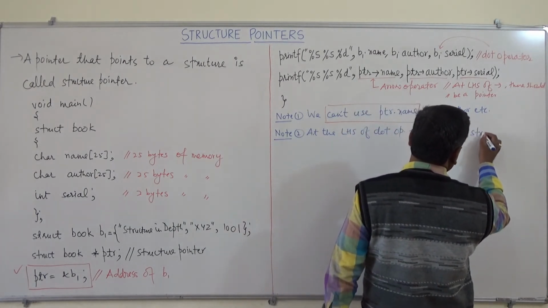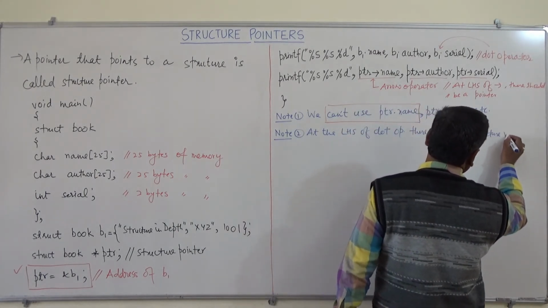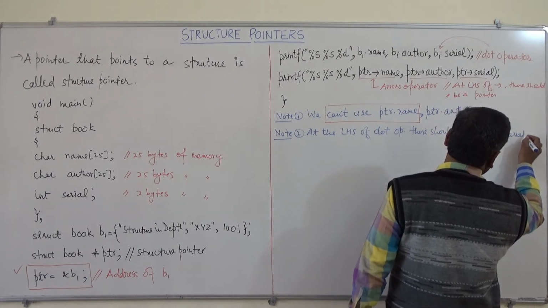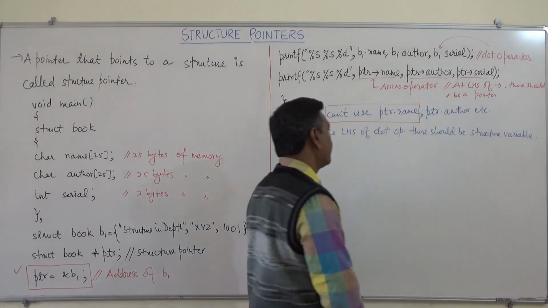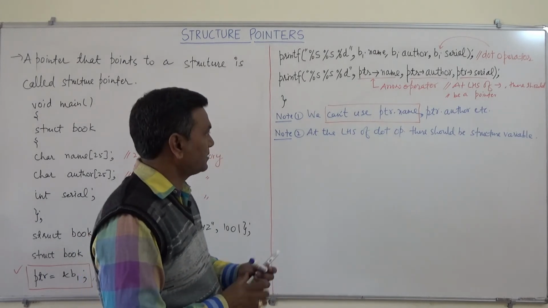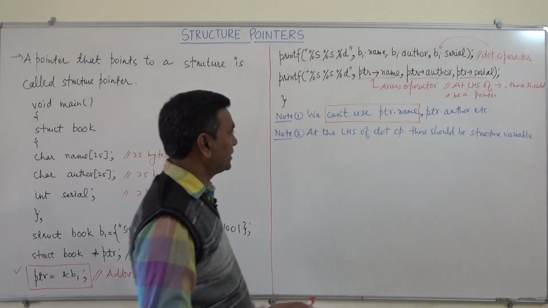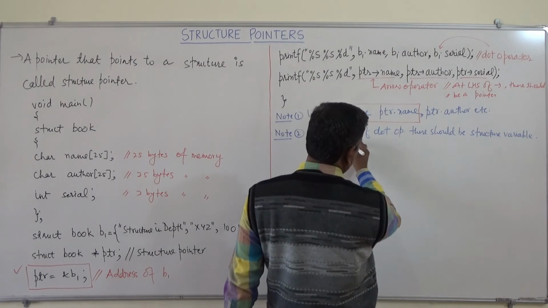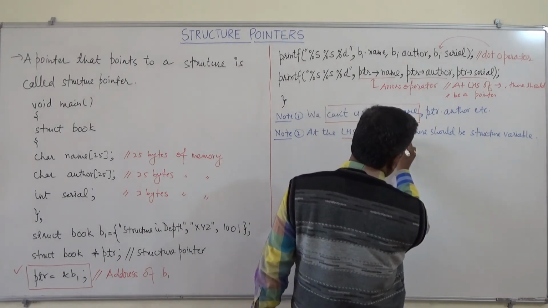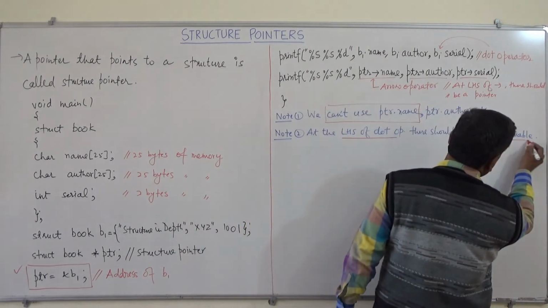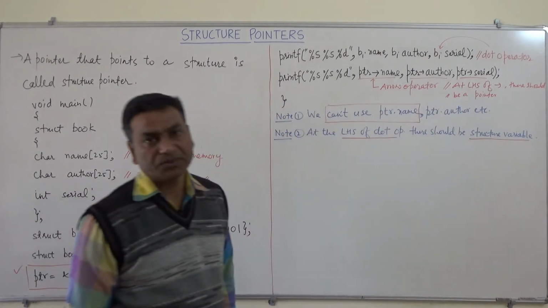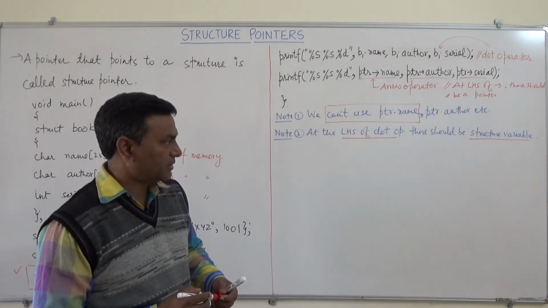This is the second point that we should remember. The left hand side of the dot operator should be a structure variable if you wish to access the structure items.